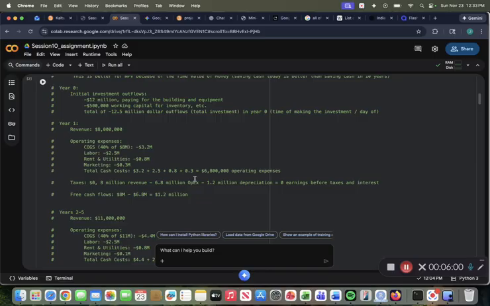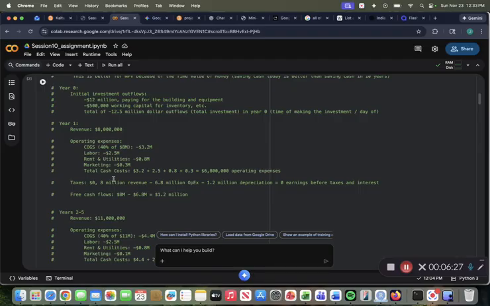So we have the revenue of $8 million in year 1, but we have to subtract our operating expenses. So cost of goods sold of negative 3.2, labor, rent, and utilities, negative 2.5 million, negative 800,000, and then the year 1 marketing of negative 300,000. So 6.8 million in operating expenses, and then calculating our taxes, it would be 0 at this point.